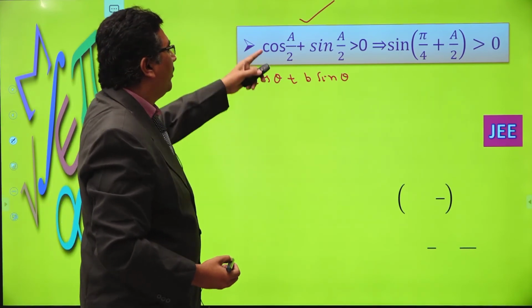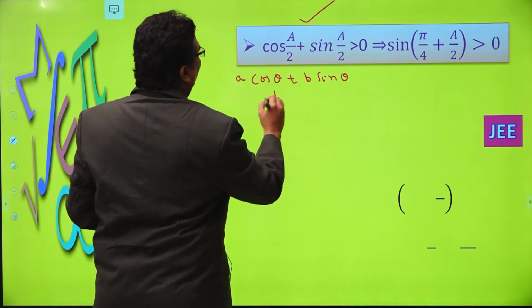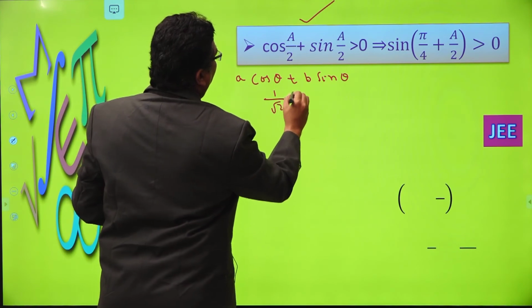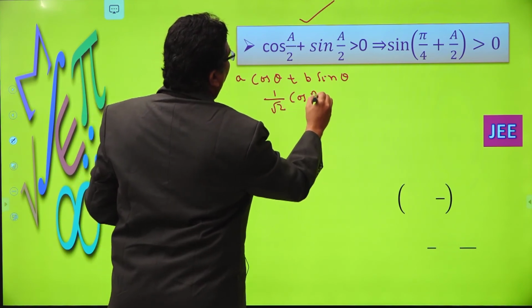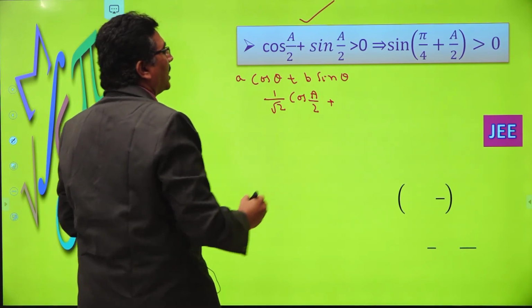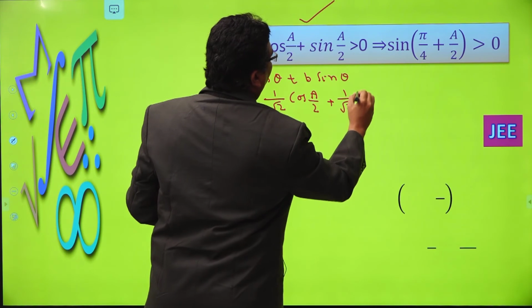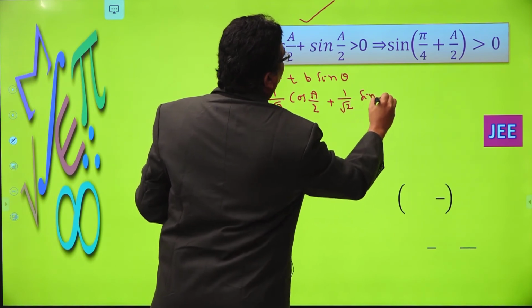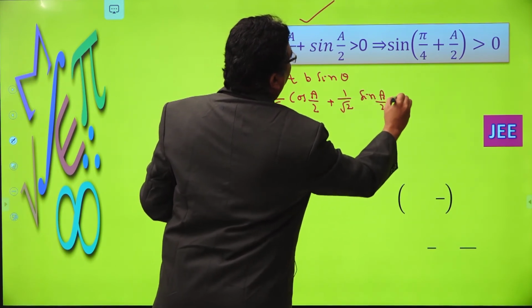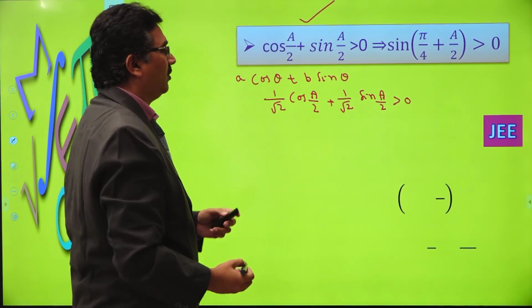Divide this inequality by root 2. 1 by root 2 cos a/2 plus 1 by root 2 sin a/2 greater than 0.